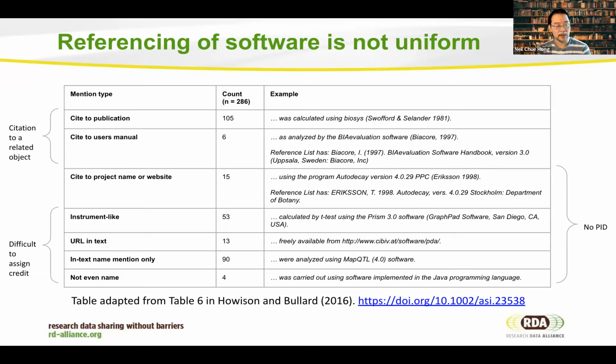So sometimes it's a citation to a publication, but more often it is referred to more like an instrument, where it's just sort of named with a publisher, or in many cases, it's just the name of the software itself in the text.